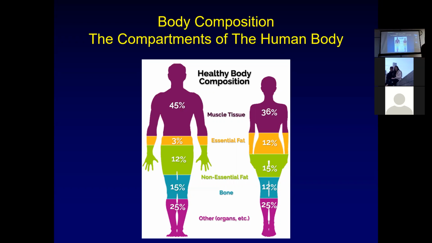Most people that are obese by BMI are going to have a lot of their excess weight here in the green, in what we call non-essential fat. They may have less muscle, although people that tend to be obese do also have a lot of muscle. It takes a lot of strength to carry the excess weight around, but they're going to have a lower percentage of muscle and a higher percentage of non-essential fat.